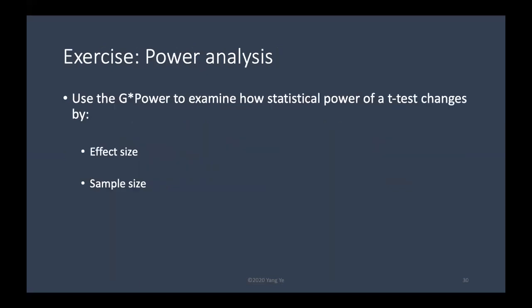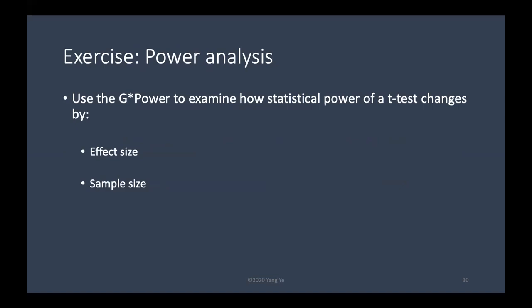So let's do a quick exercise on G power, looking at statistical power. Again, statistical power is just how likely your results will replicate, how likely your effect will replicate in the long run if you fix the sample size and you fix the effect size, right?